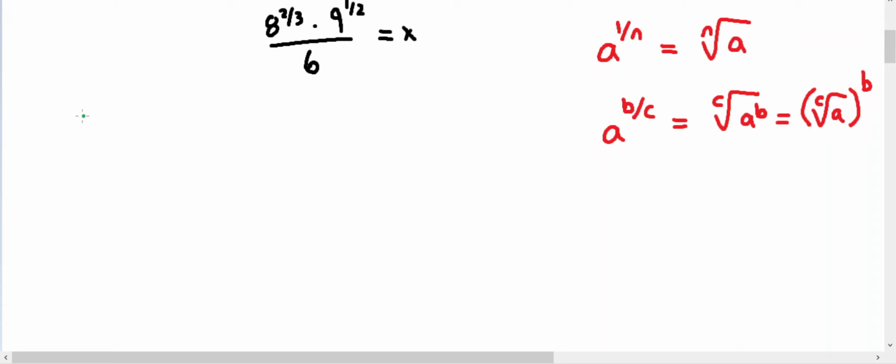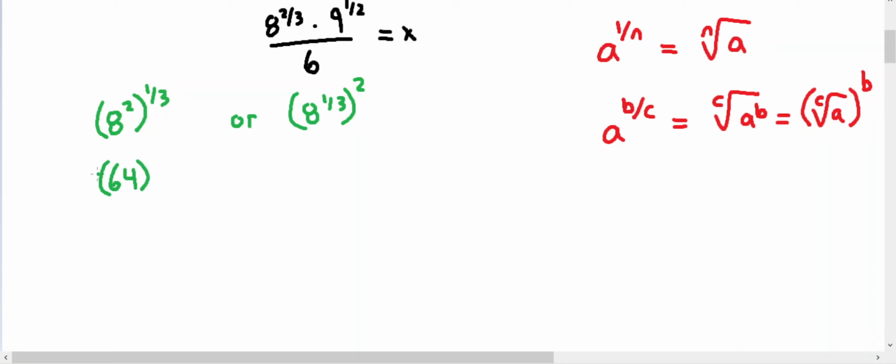We could evaluate this in two separate ways. We could go 8 squared to the 1/3, or we could do 8 to the 1/3 quantity squared. Over here, we have 8 squared is equal to 64.